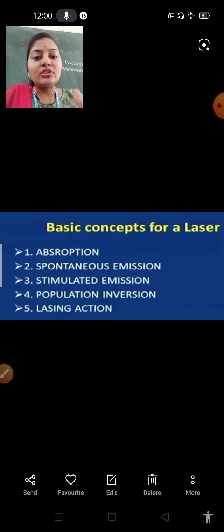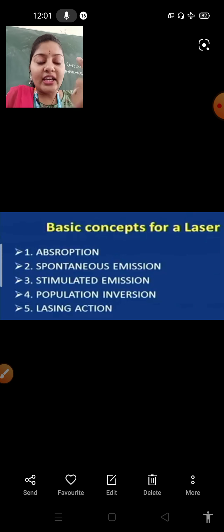But population inversion means achieving more and more atoms in the excited state when compared to the ground state. For example, the ground state has 3 to 4 atoms, but the excited state has 6 to 7 atoms. This is called population inversion. The name itself explains it: inversion means reverse, population means heavy.